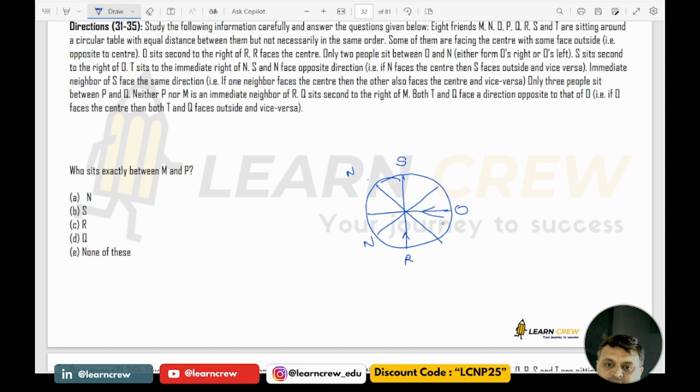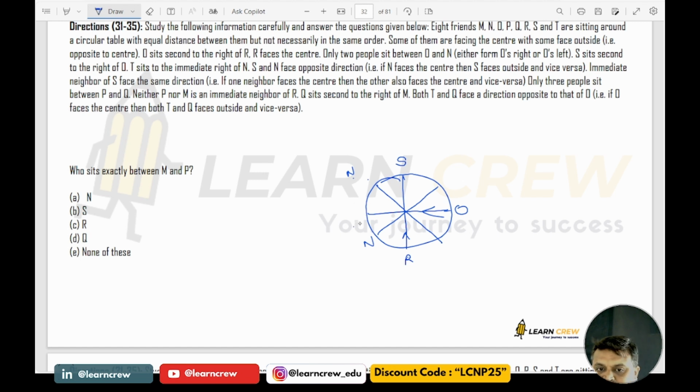O is facing center. Next, S and N face opposite directions. T is to the immediate right of N. If N is facing center, then T is either this or this.